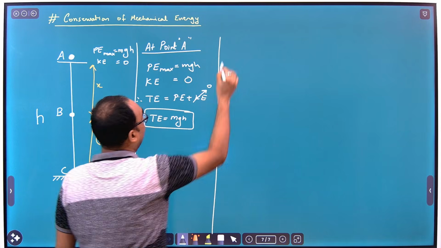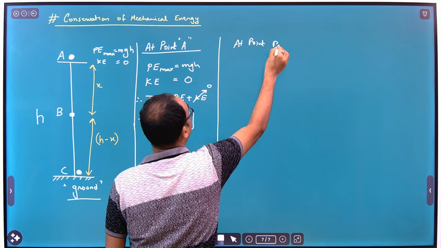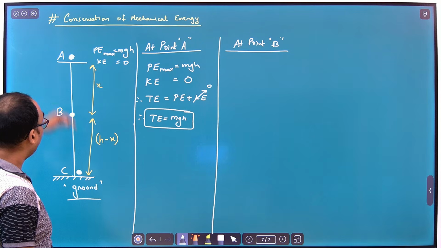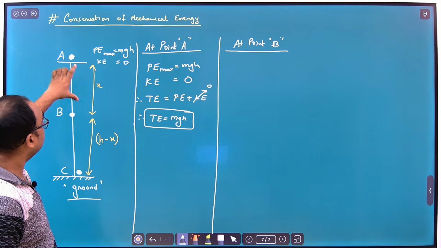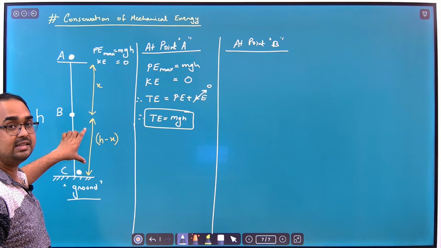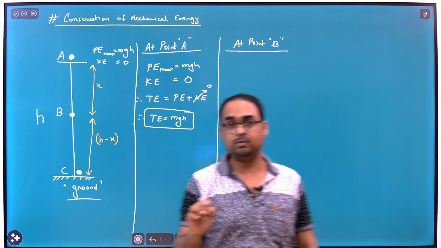Now let's take point B. When the body has traveled to point B, it has already covered a distance of x, and the distance left to be traveled is h minus x. I hope everyone is getting it clearly.